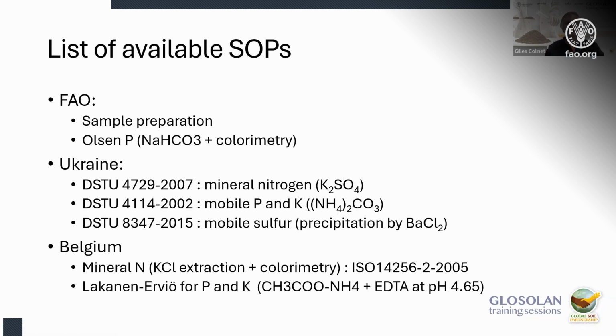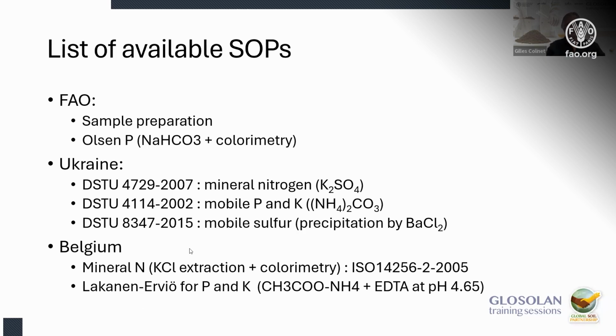As a general rule, when there was a SOP from FAO, we used it. Otherwise we used our own methods. For example, mobile sulfur is something that we have not measured yet in the lab.